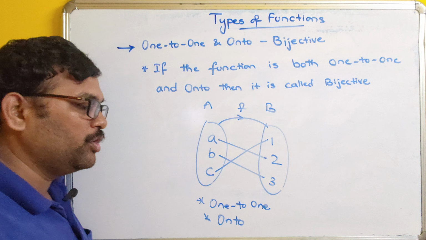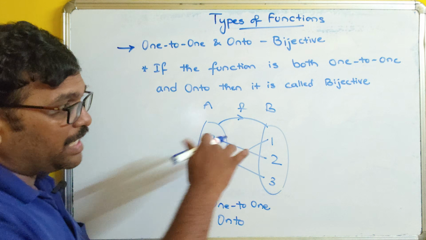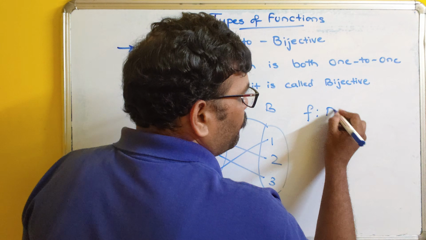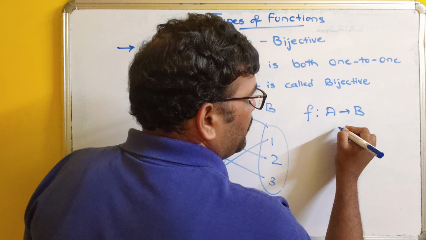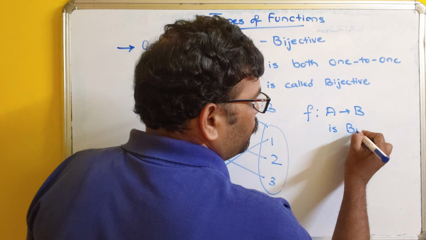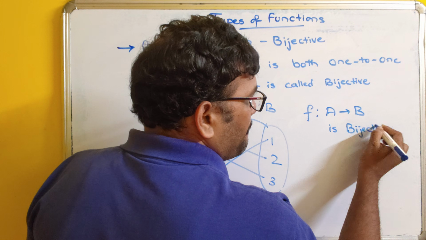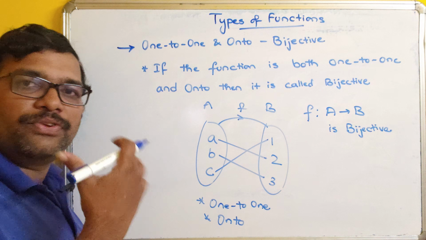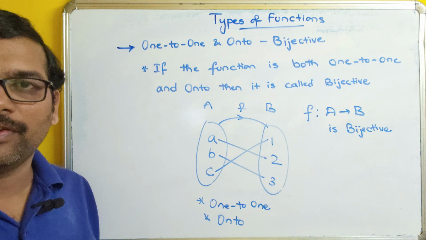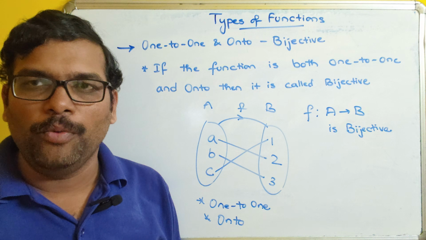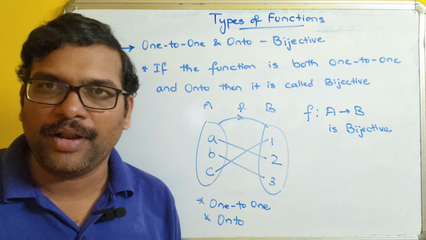That's why this function A to B is a bijective function, because it satisfies both onto and one to one. So hope you understood this one, right?